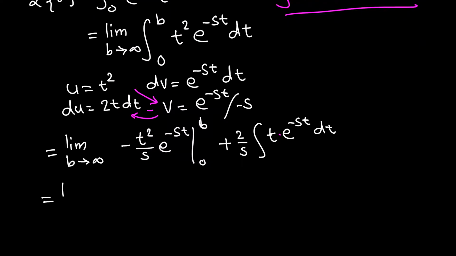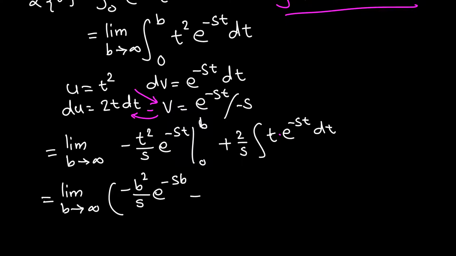So this is limit b going to infinity of upper limit t equals b, plug in b, so this is negative b squared over s e to the negative sb. That's the upper limit part, minus lower limit.